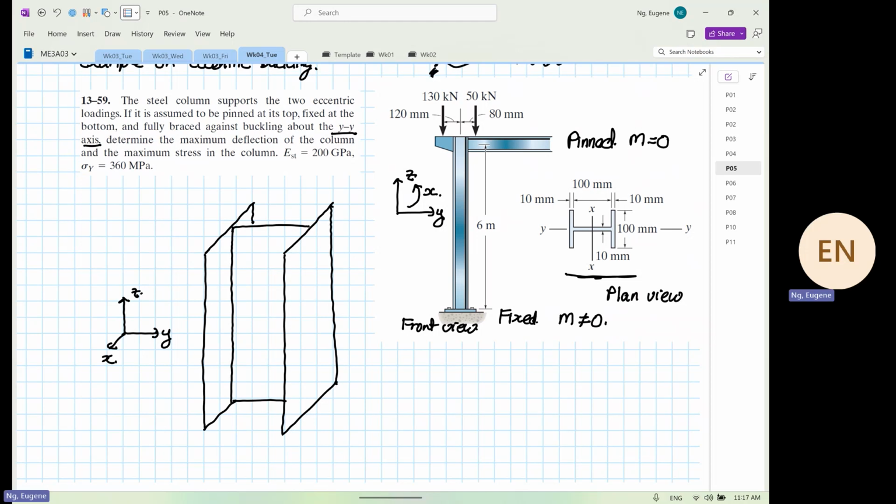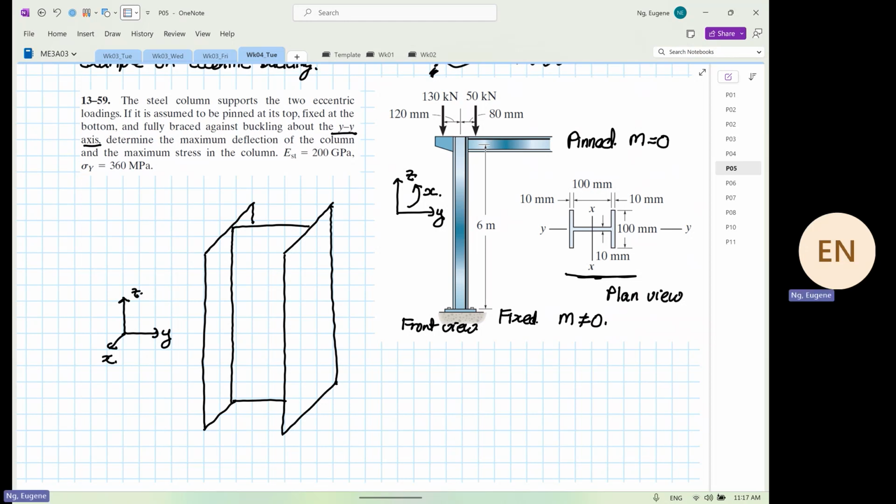If buckling were to occur on the YY axis, what will happen? Can you visualize what will happen if buckling occurs about the YY axis, and if buckling occurs about the XX axis? So how to visualize this? The best thing to do is to sketch the rotation.